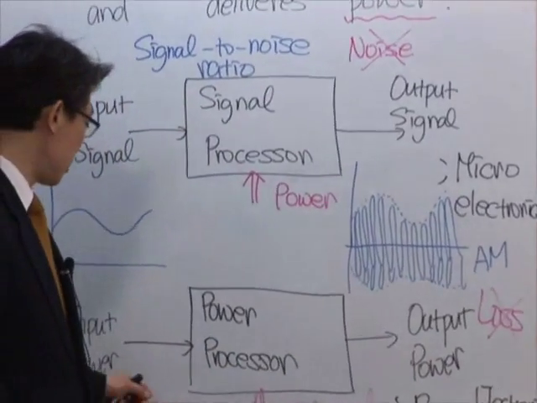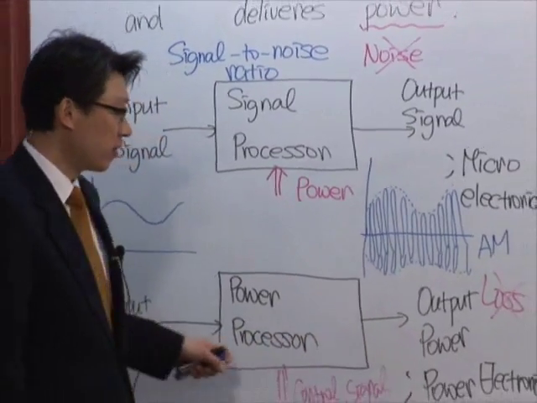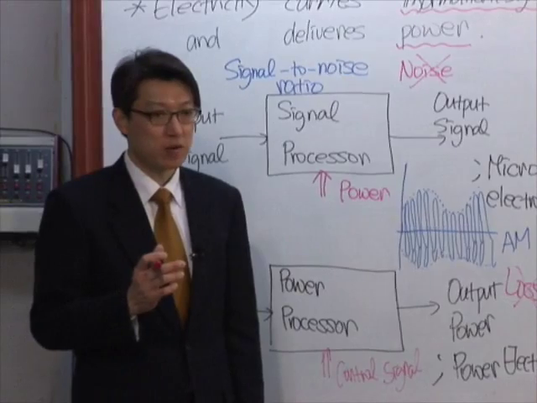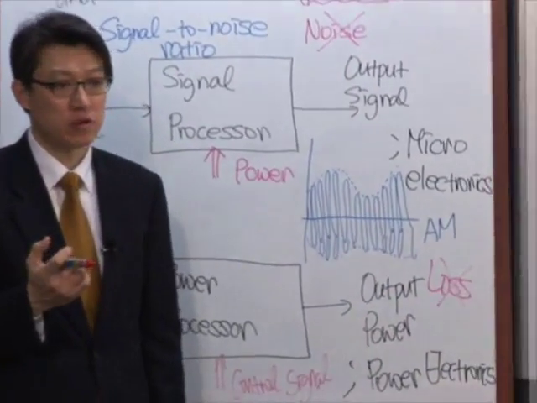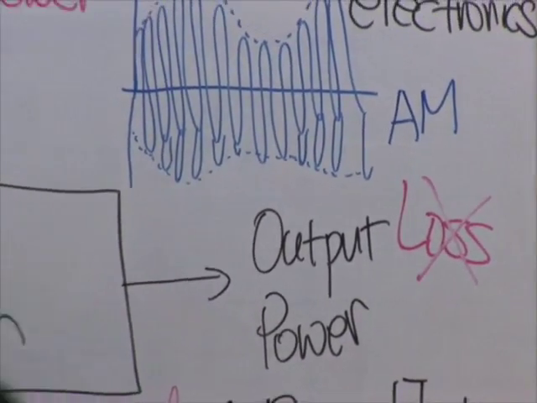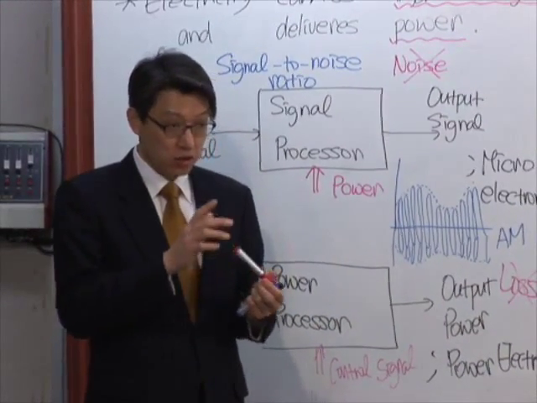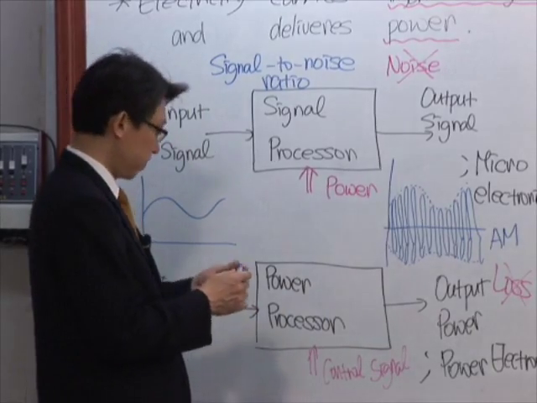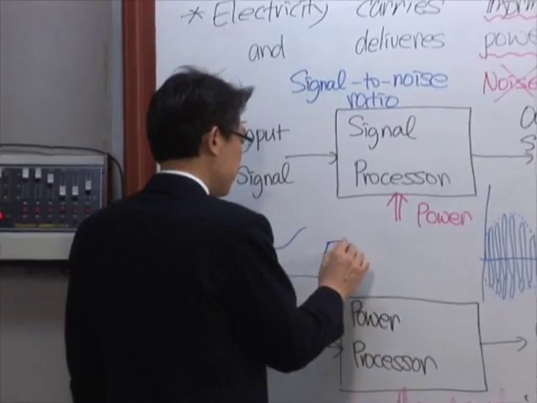Why? Because we are processing the power. I think there is no concept like noise in power. The power loss is more important. Why? Because we are dealing with power. We don't want to be lossy. So, as Hyunchul answered, the important performance factor is efficiency.